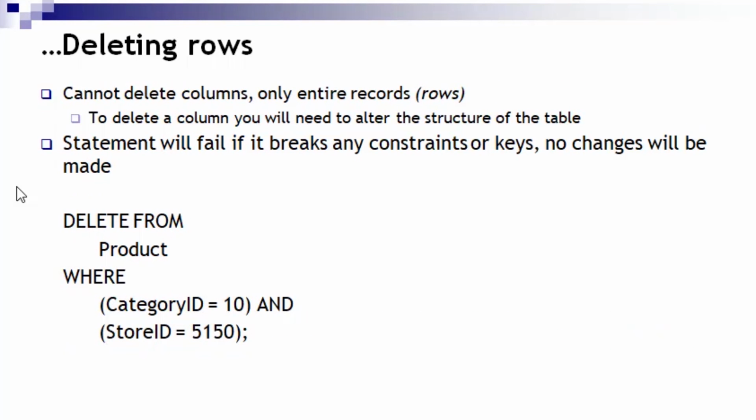Okay. So here's an example where we're deleting data from the product table on two conditions, where the category ID is equal to 10 and the store ID is 5150. Your statement in this case will also break if there are problems with any of your constraints or keys, and then no changes will be made to your actual data.